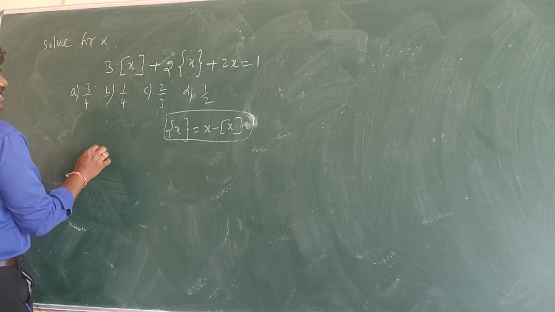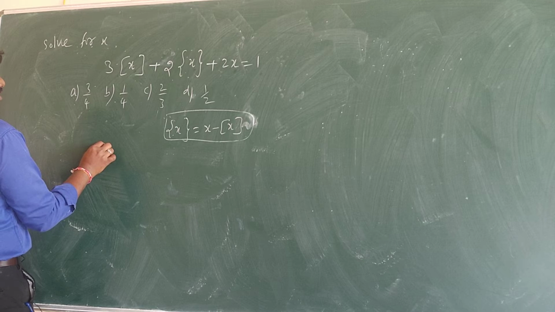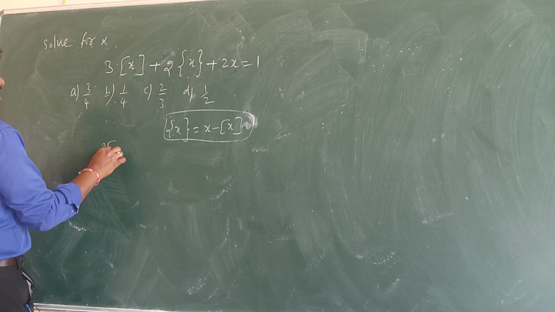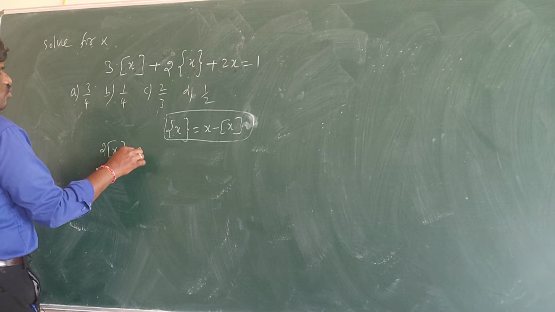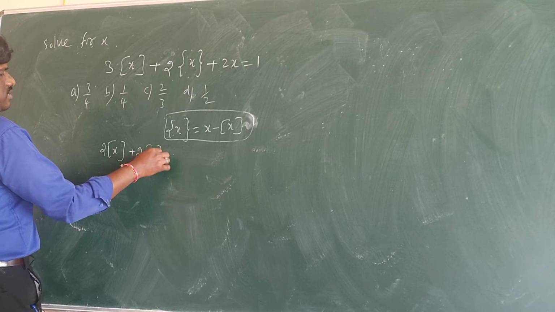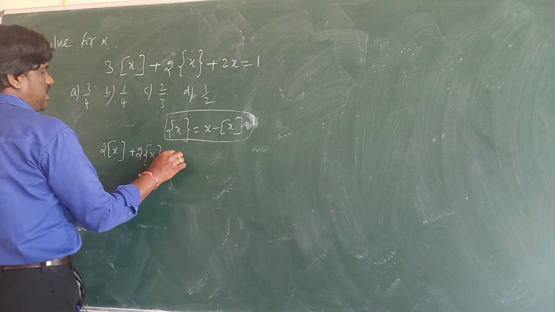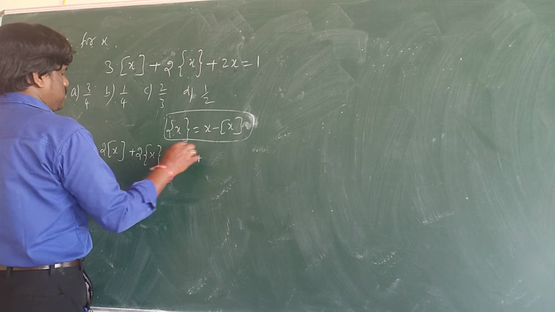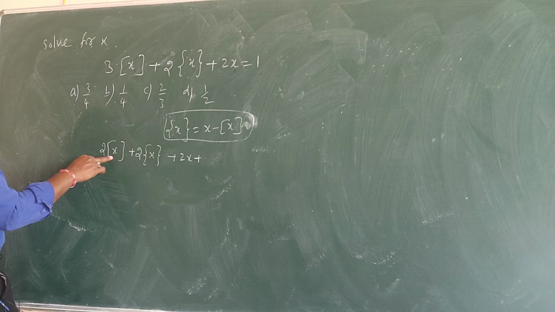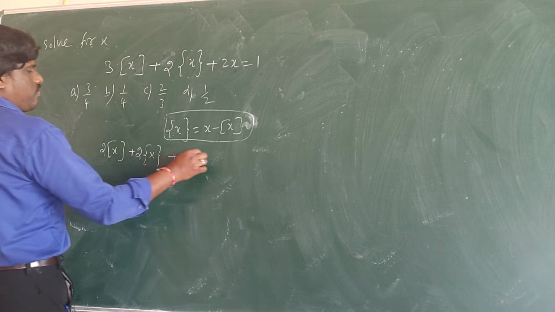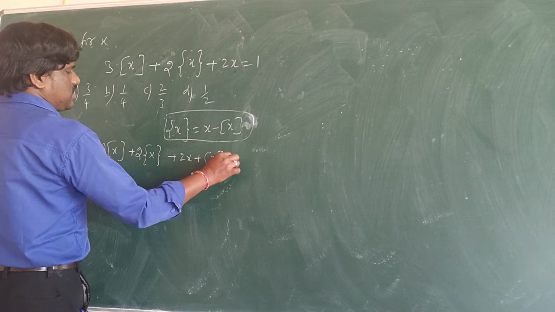So 3 greatest integer x can be written as 2 greatest integer x plus 2 times the fractional part of x, plus 2x plus 1 greatest integer x. 2 is over, so 1 will be left: 1 greatest integer x is equal to 1.